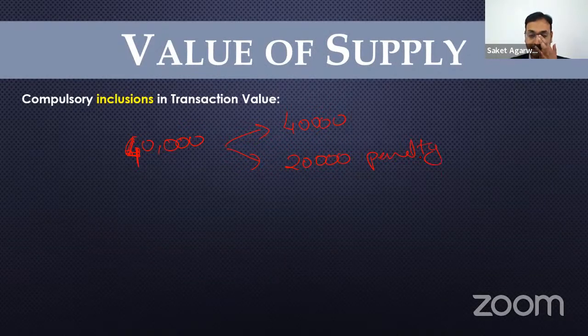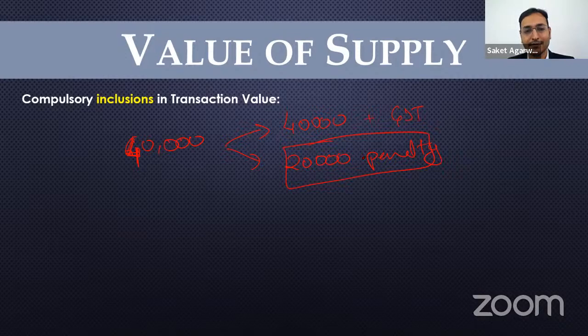What will be the effect of this? GST will be there only on 40,000 and the government will lose GST on 20,000 rupees. Everybody will start doing delay payments, or everybody will do some other default because of which there would be extra payable to the seller. And on this extra, there would never be GST.